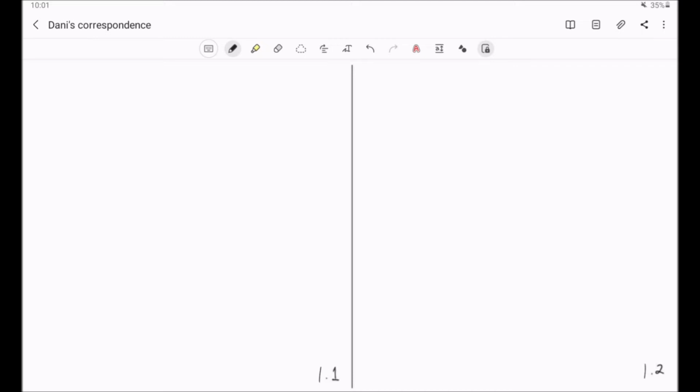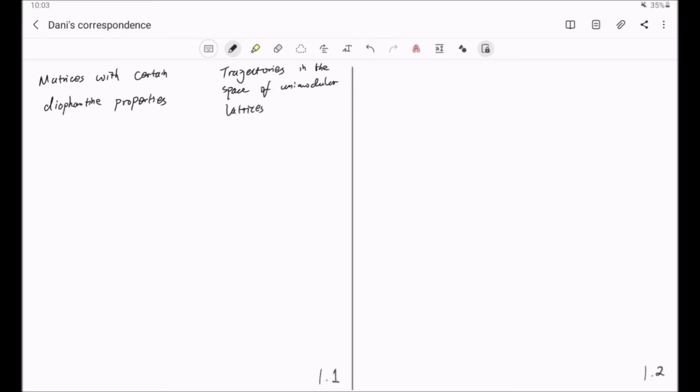On one side, you have matrices with certain Diophantine properties. And on the other side, you have trajectories in the space of unimodular lattices with certain topological properties.